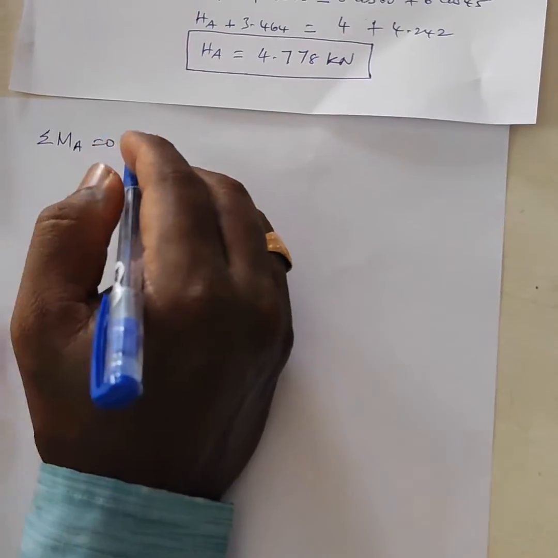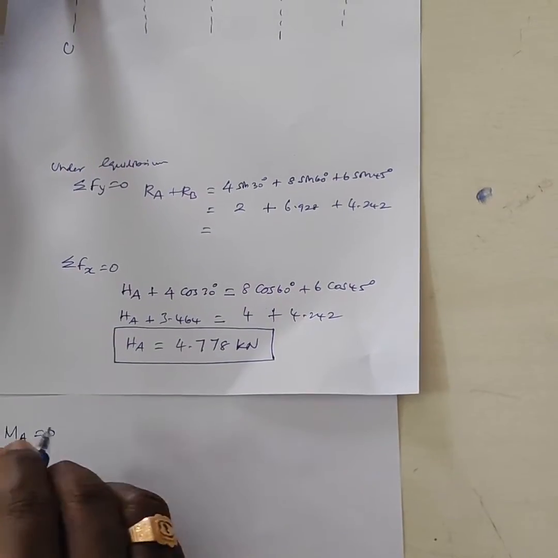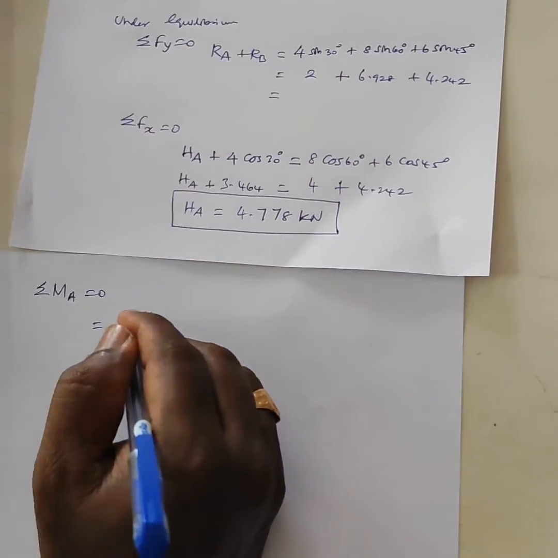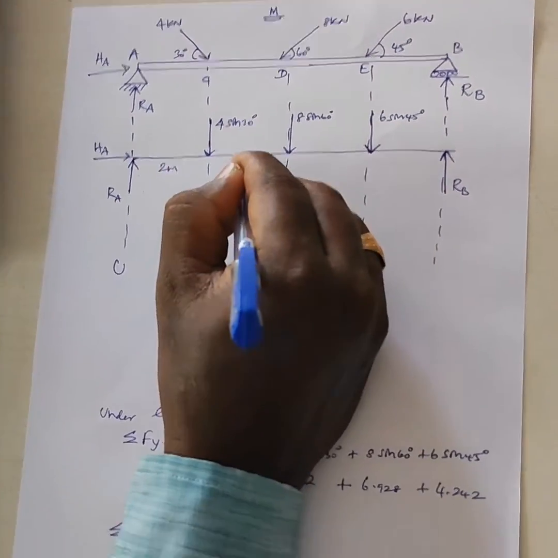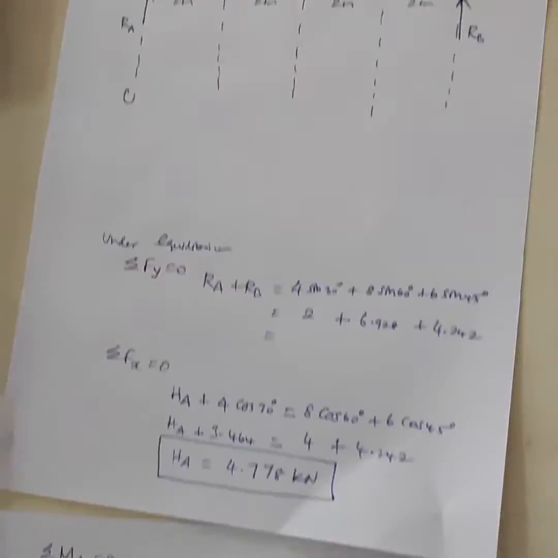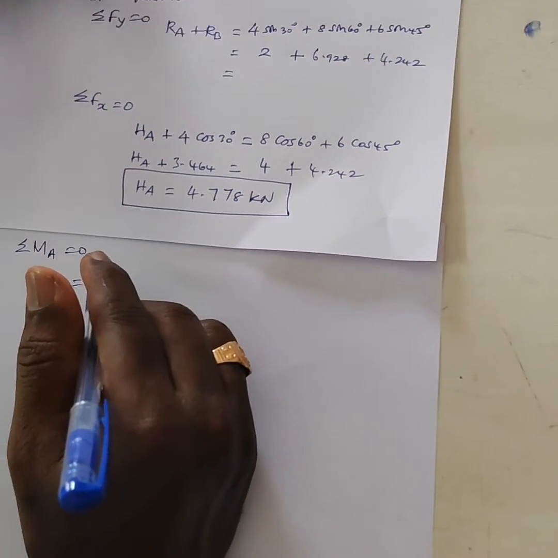At that point the moment value is 0, now you consider the right side forces. You can read it like this: force into perpendicular distance. The distances mentioned here are 2 meter, 2 meter, 2 meter as well as 2 meter. Now, force into perpendicular distance.